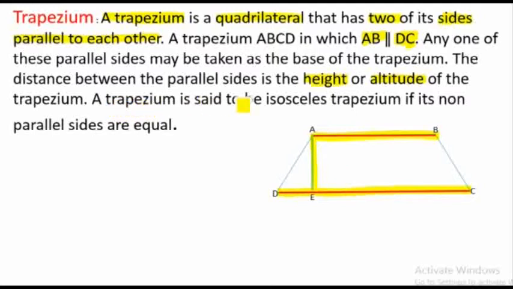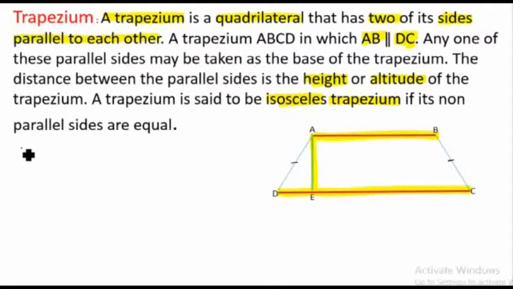A trapezium is said to be an isosceles trapezium if its non-parallel sides are equal. If this side and this side are equal, then this is called an isosceles trapezium.